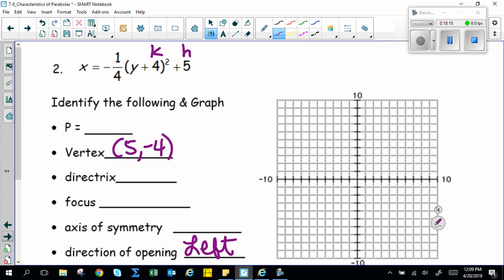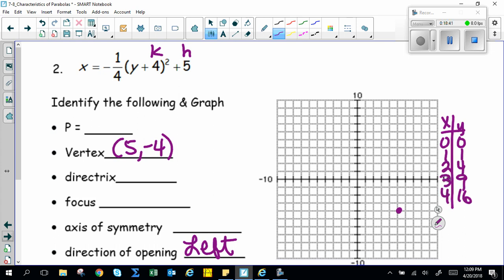I'm going to plot that point. Positive 5, 1, 2, 3, 4, 5, negative 4, 1, 2, 3, 4. All right. My axis, well, let me draw a little bit of it. Okay, so I'm going to go back to that parent function again, where I have 0 squared is 0, 1 squared is 1, 2 squared is 4, 3 squared is 9, 4 squared is 16.